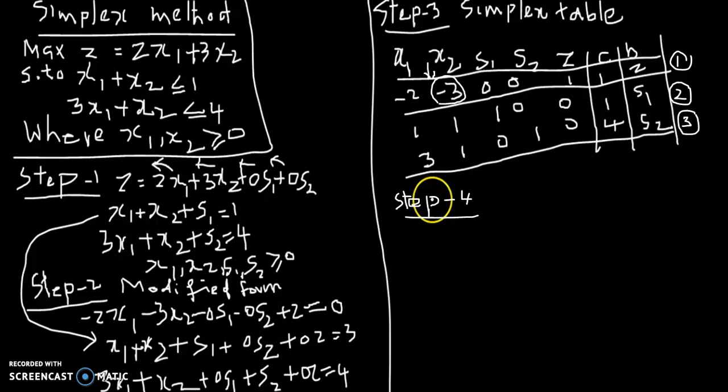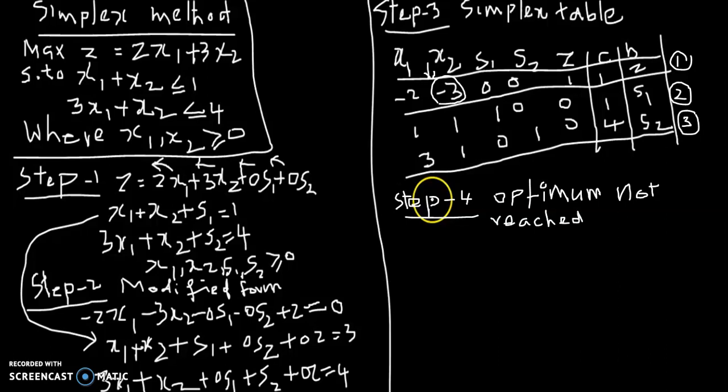Optimum, that is maximum, is not reached. Why? Because of the negative number there.